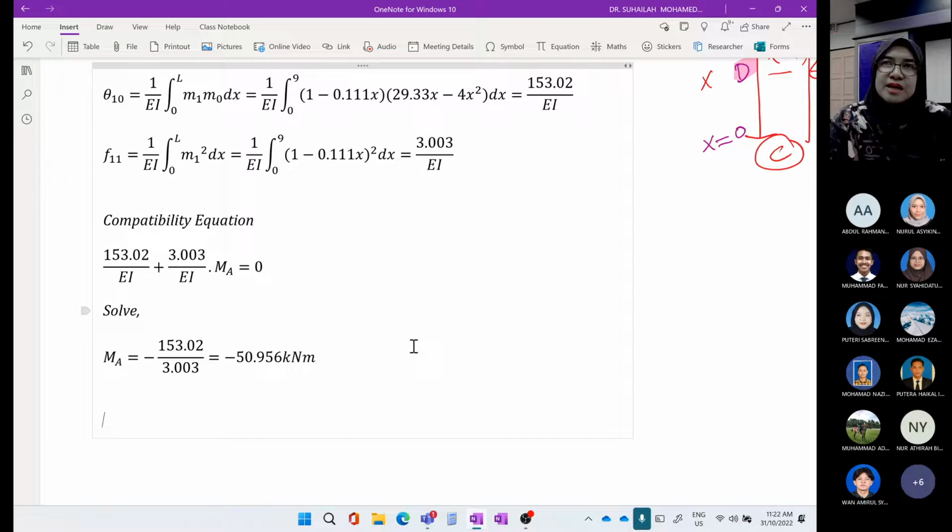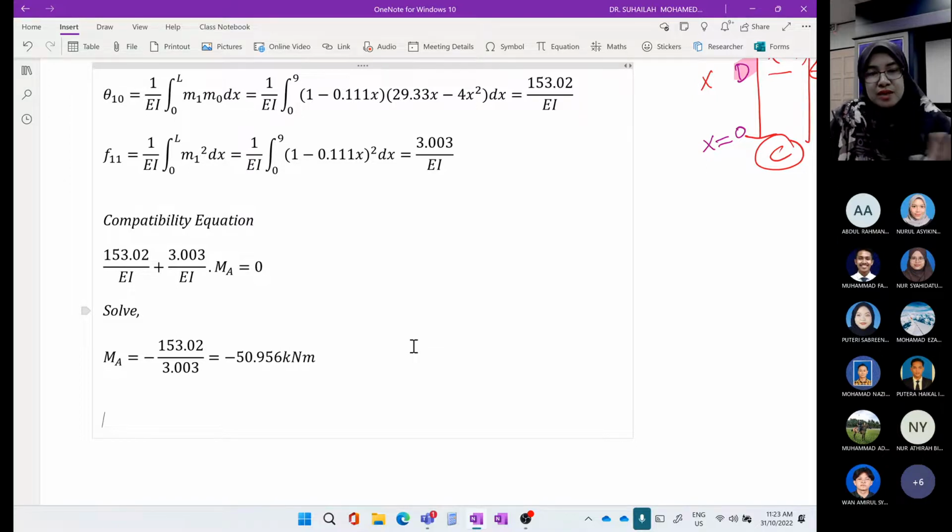And if we calculate remaining reaction using principle of superposition, it is easier than we calculate reaction using equilibrium equation. Okay, so kita continue to calculate remaining reaction using principle of superposition.